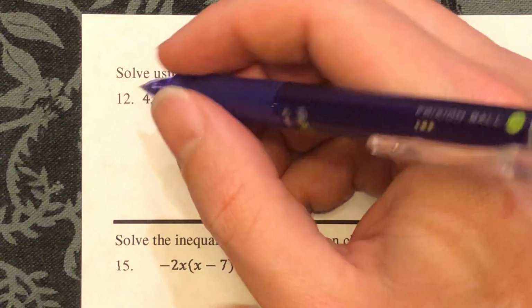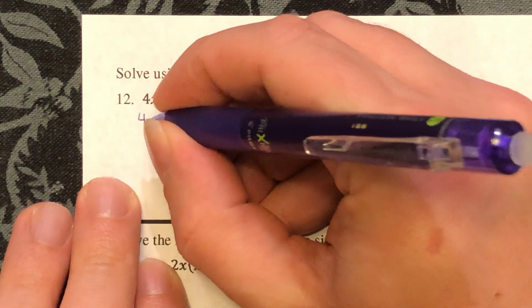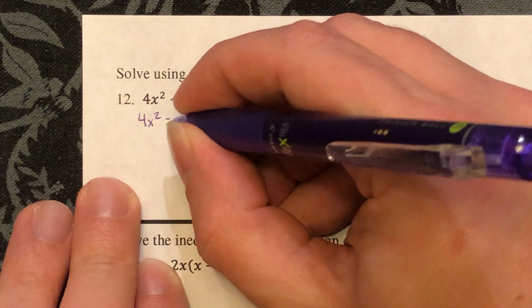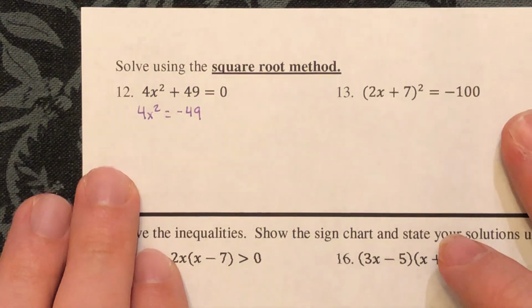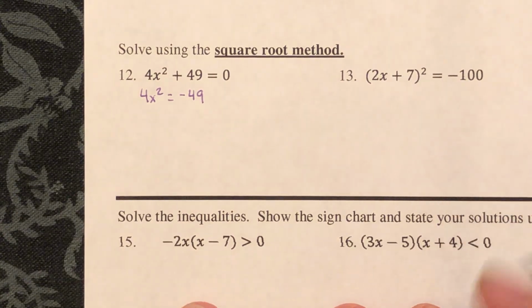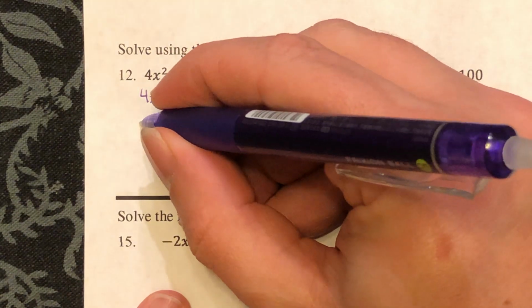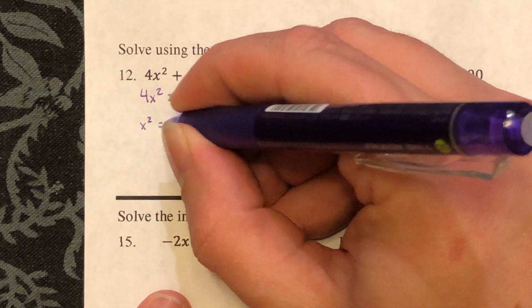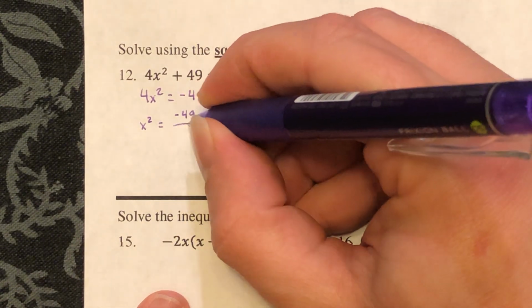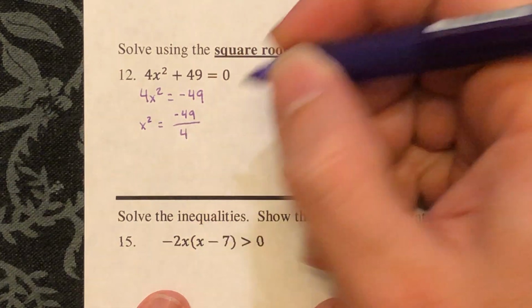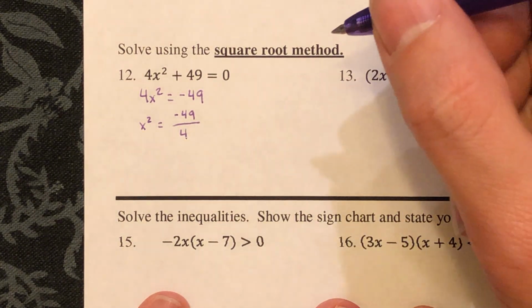So I'm going to subtract 49 from both sides. So I have 4x squared equals negative 49. And then I need to divide both sides by 4. So I have x squared equals negative 49 divided by 4.